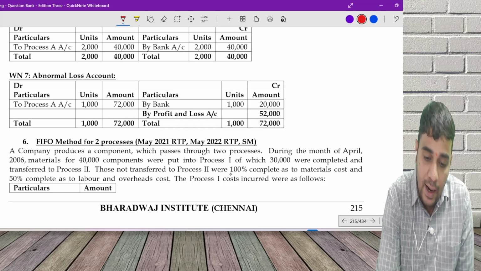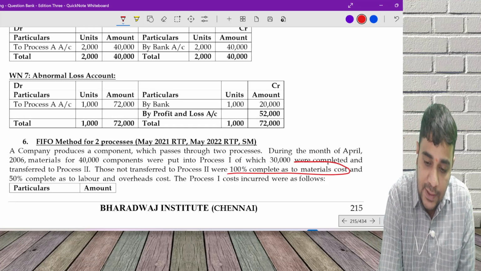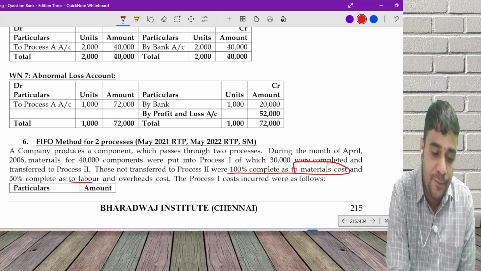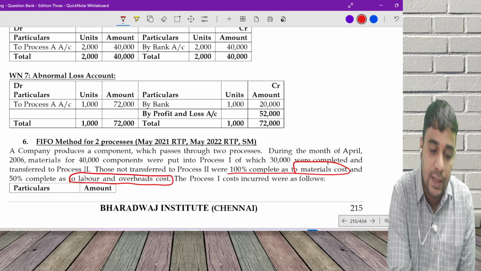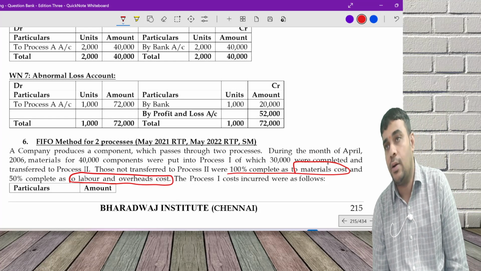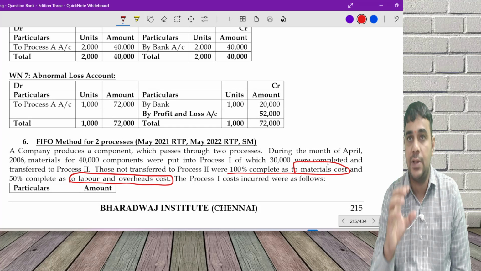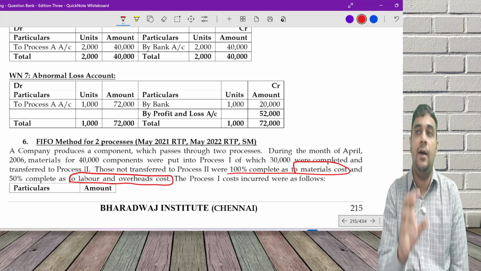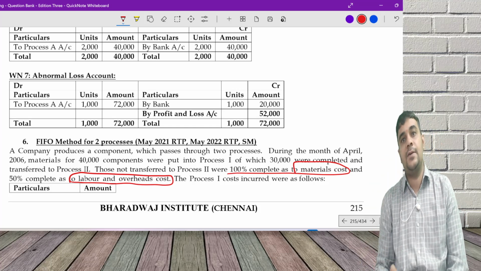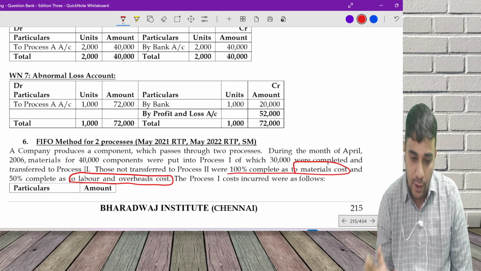Those not transferred were 100% complete as to material and 50% complete as to labor and overhead cost. So technically, the degree of completion for closing WIP is 100% for material, 50% for labor, 50% for overheads.